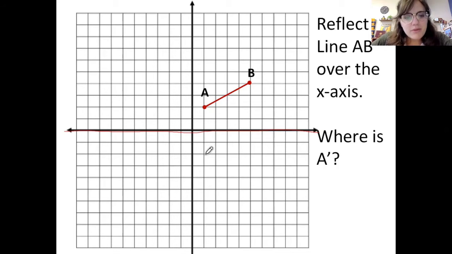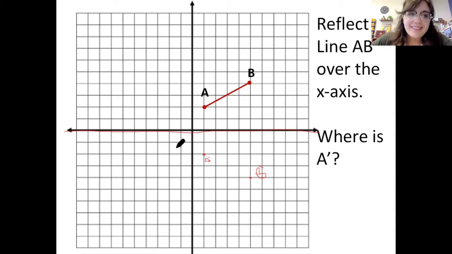So we move down 2 because it's up 2, and we stay on that same line. Here we go up 4. So I'm going to go down 4, dot right here because it's on that same line. All right, and then this would be A prime and B prime.